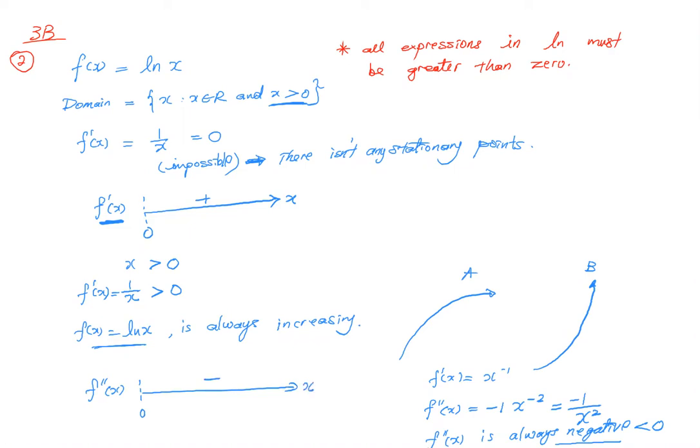So therefore, the shape of y equal to f x graph is A or B? Answer, please. The sign of f double prime x shows you the shape of f x graph.